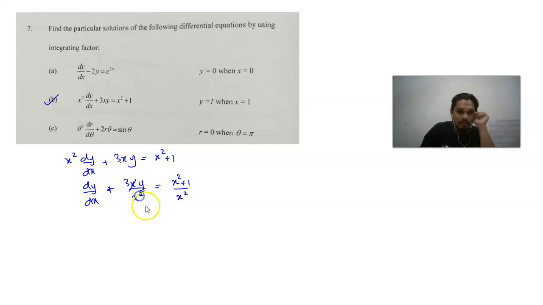Cut this, so dy/dx plus 3 over x times y equals (x squared plus 1) divided by x squared.